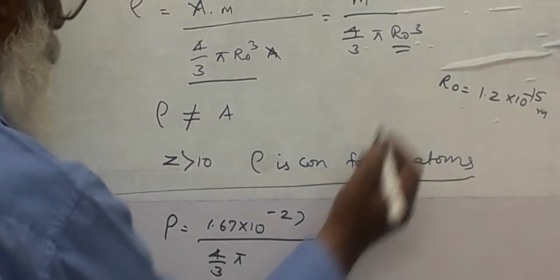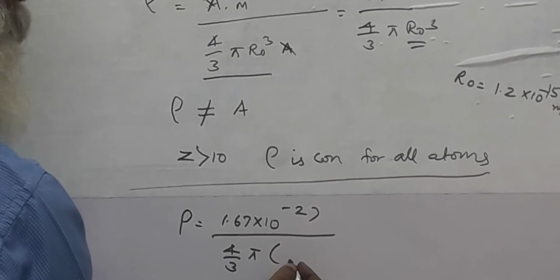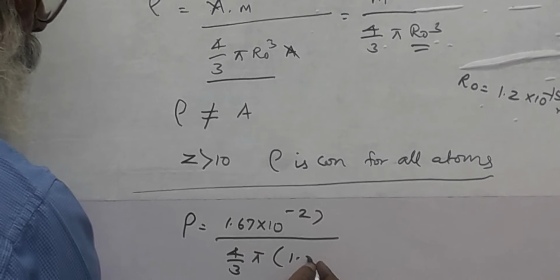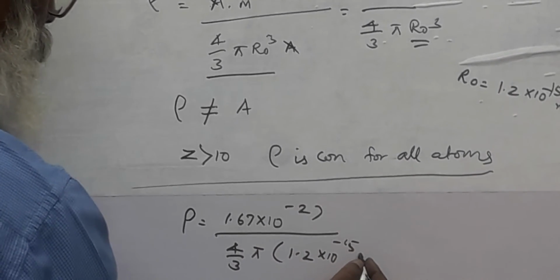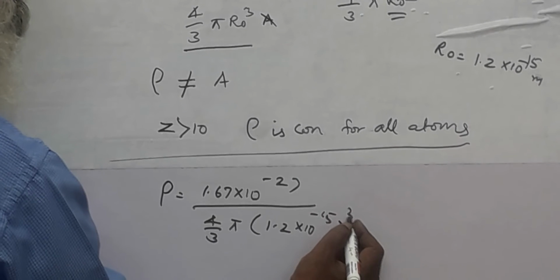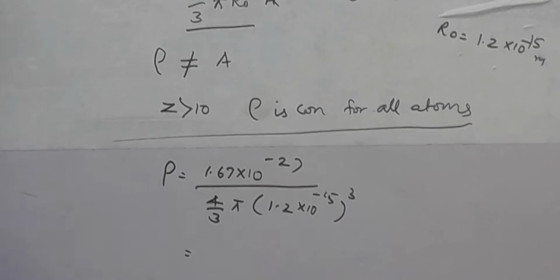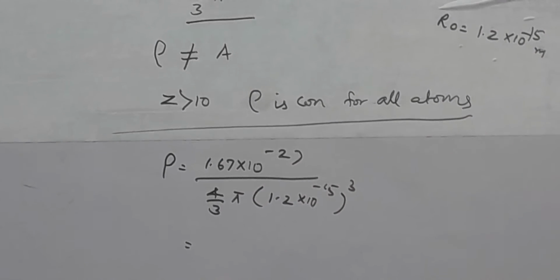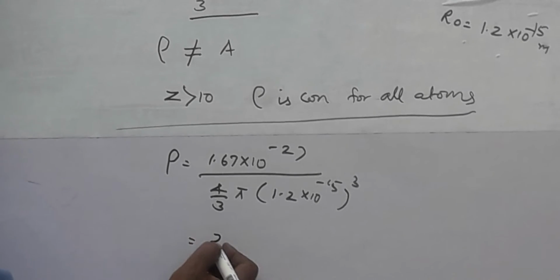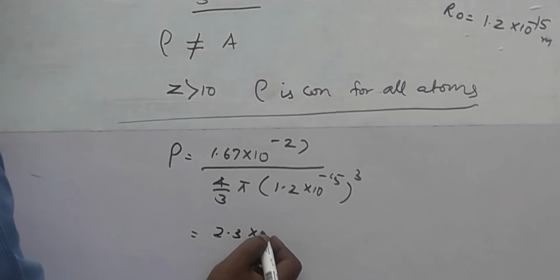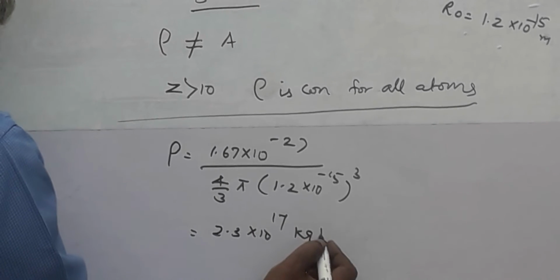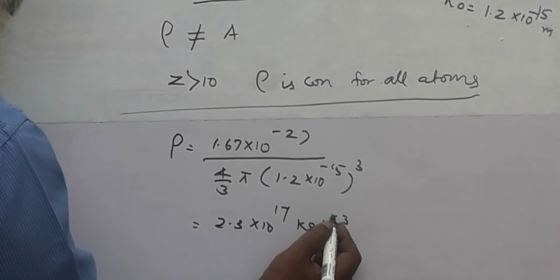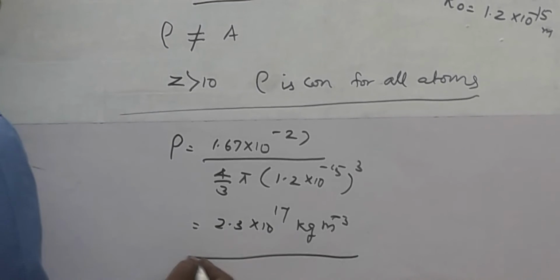So substituting this value, we get 1.2 into 10 power minus 15 whole cubed. On solving this, we get 2.3 into 10 power 17 kilogram meter power minus 3.